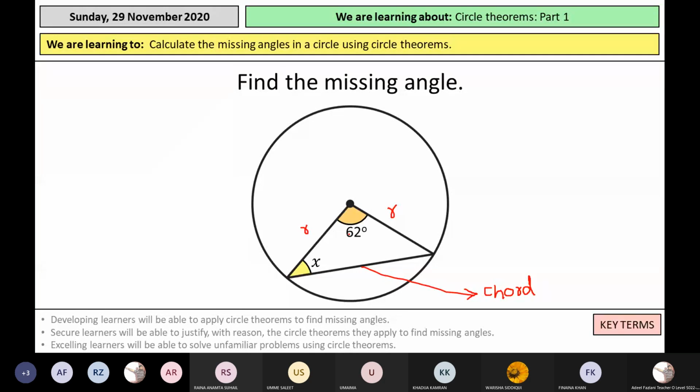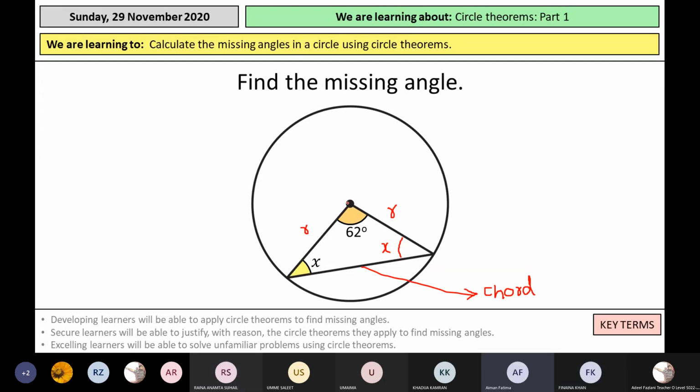How do you find x? Can anyone tell me? 2x plus 62 is equal to 180. Okay. How are you assuming this is x? What is the reason that you are assuming this as x? Because the three angles add to 180 in a triangle. Right, because it's an isosceles triangle.